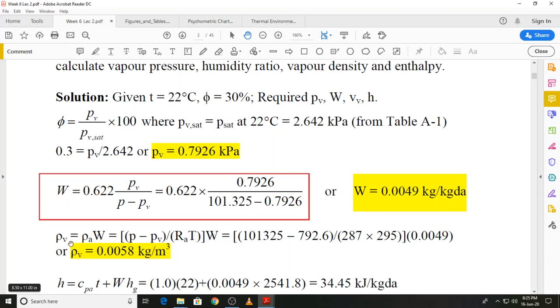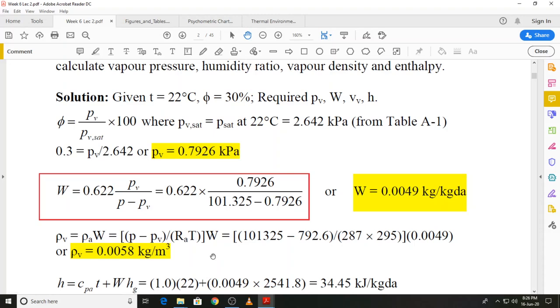And we had basically worked out the expression for specific volume of dry air in the previous class, which taken as the reciprocal will give you the density of air. So what I have done is simply substituted that expression over here, and you can refer to the previous lecture to see that the density of dry air will be PA, which is P minus PV, divided by the gas constant for air times the absolute temperature of air, and that is then multiplied with the humidity ratio.